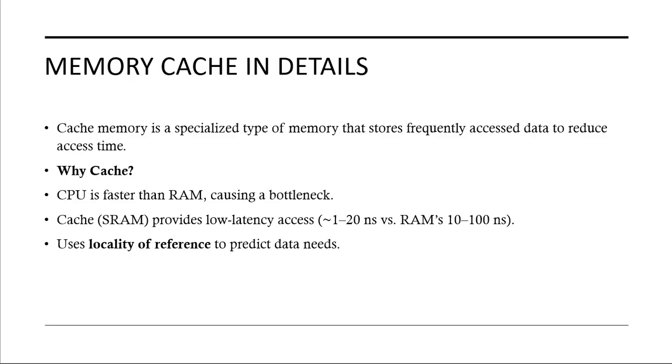The cache also stores data the CPU will likely reuse soon, so that it doesn't have to go to the RAM. So it becomes very efficient and fast. Let's move on to the next slide.